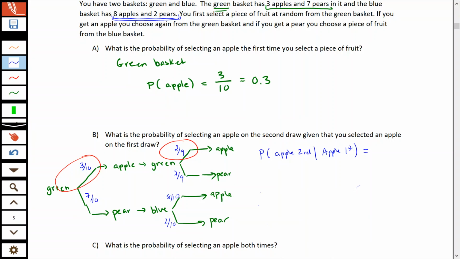We're actually only looking at the 2 out of 9. It wasn't asking us the chance of both of these things happening. It was saying that we already know that we went down that first path. So we're just looking at, now that we know there's an apple, what is that probability? And my takeaway here is that the probabilities on our second set of branches are our conditional probabilities.